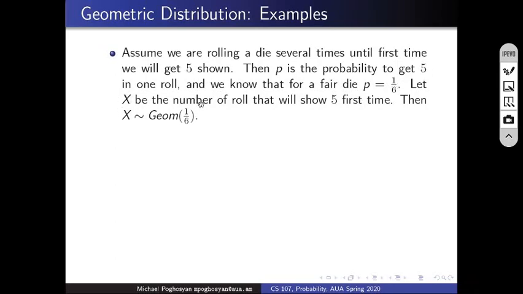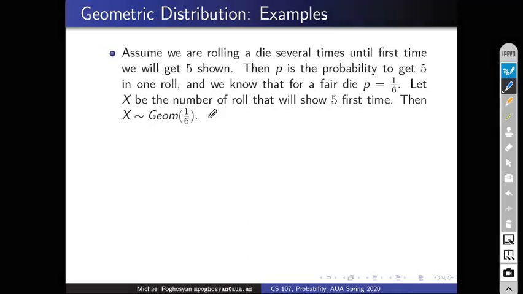Let X be the number of rolls that we will do up to having 5 the first time. Then X is geometric with probability 1/6. And this means that, what does this mean?